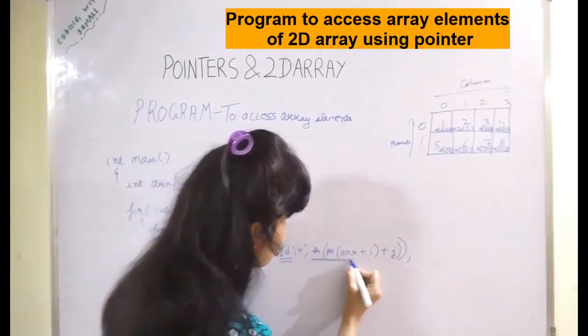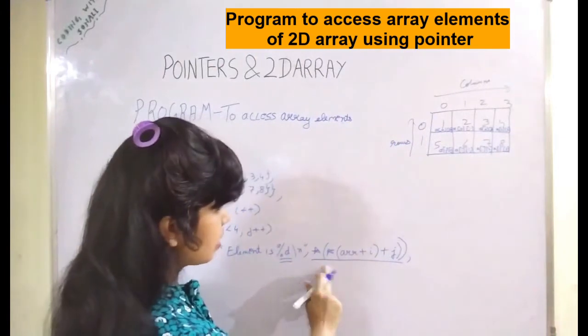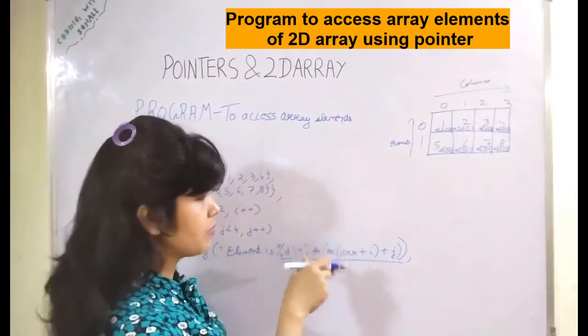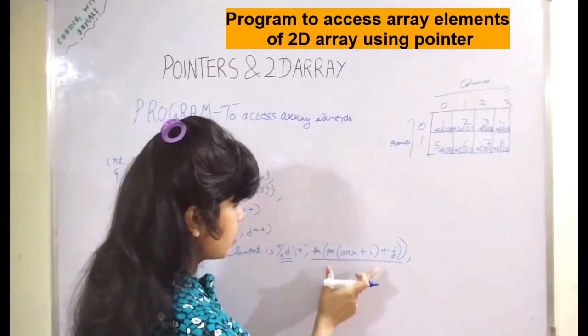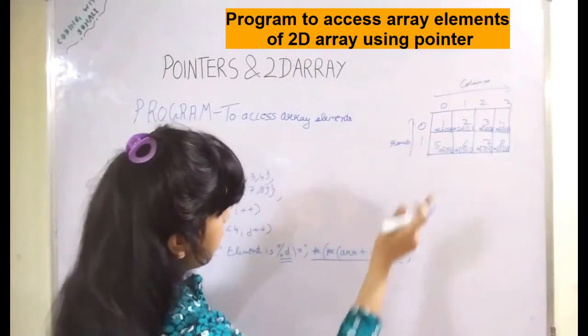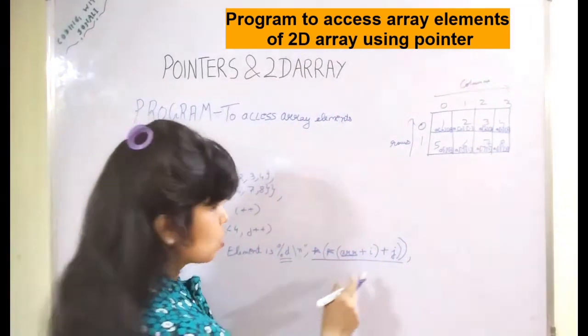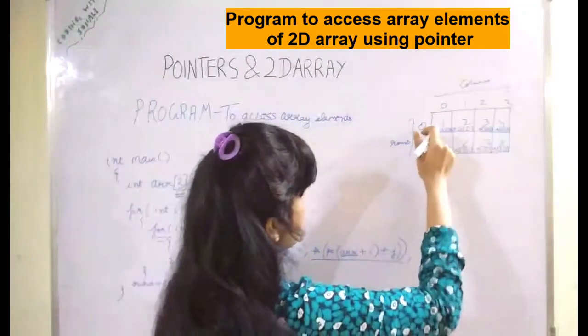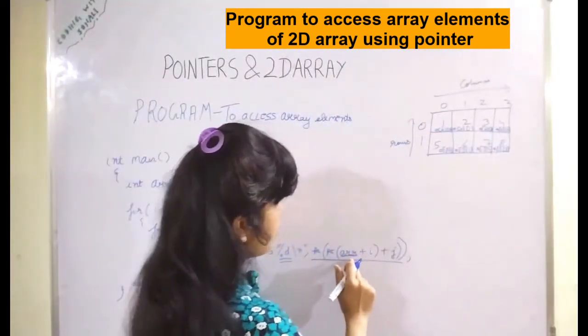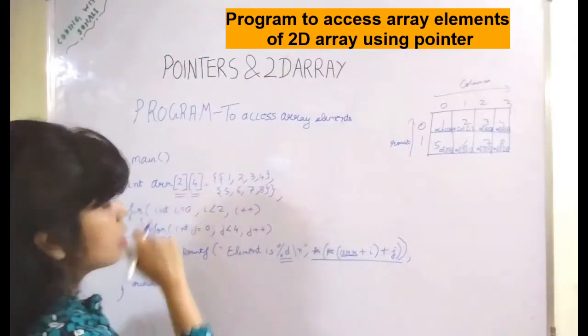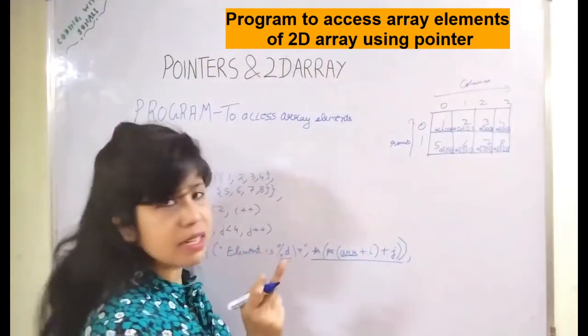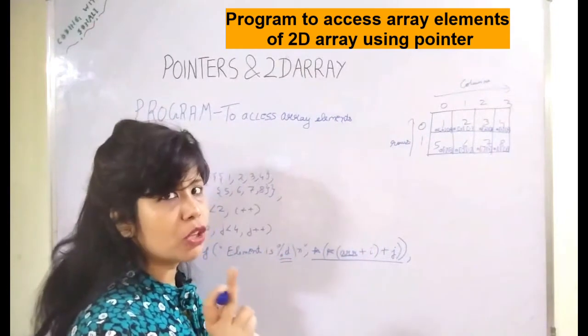And then this expression. You can see here the expression which we have formulated, and we have seen how we constructed this formula to access the array elements. So what will be this ARR first? ARR represents the base address of the 2D array, and we know that base address is the address of the 0th element of the 2D array.